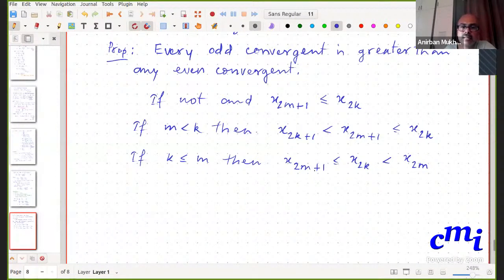In both cases it is actually strict, because we have equality here but not in the other.